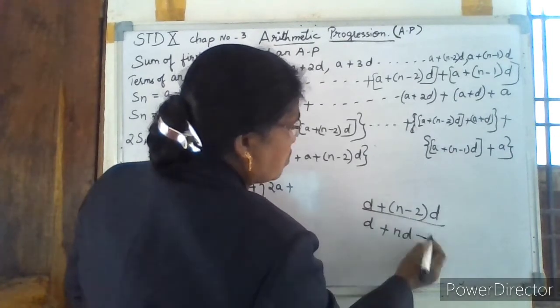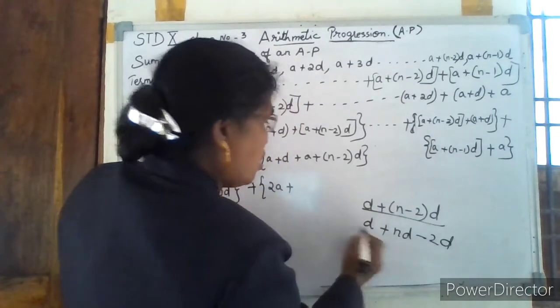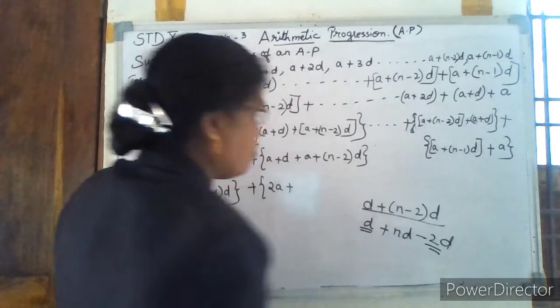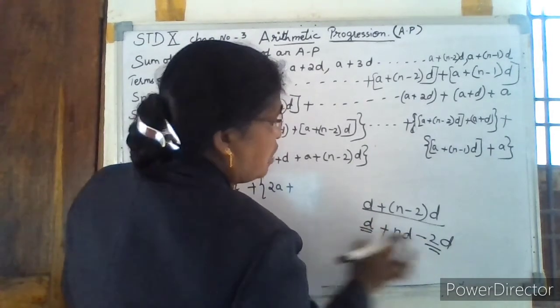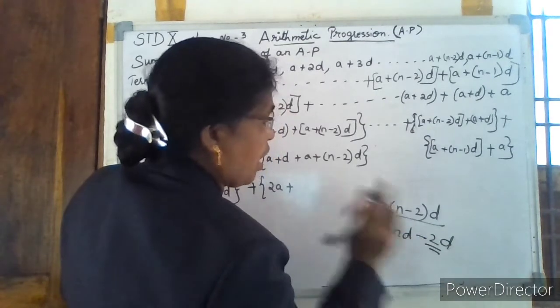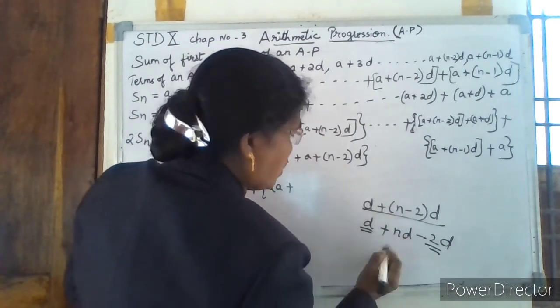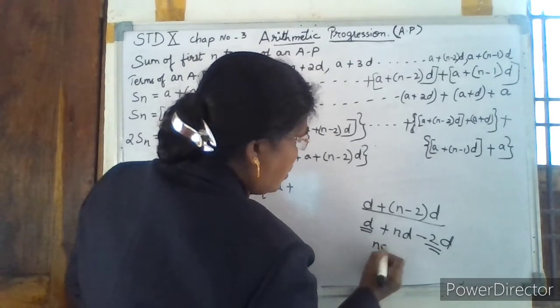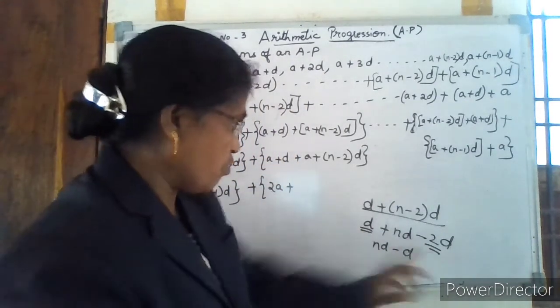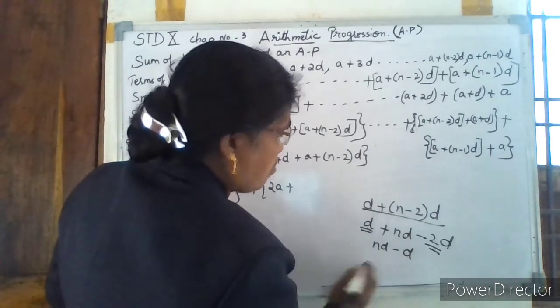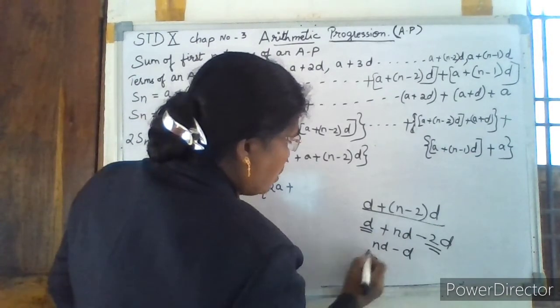Now this and this are very similar. So d minus 2d will give you minus 1d, with the sign of the greater number. So it is nd minus only d that we will get. Now d is common, so we can bring out d as common. So it is n minus 1 into d.